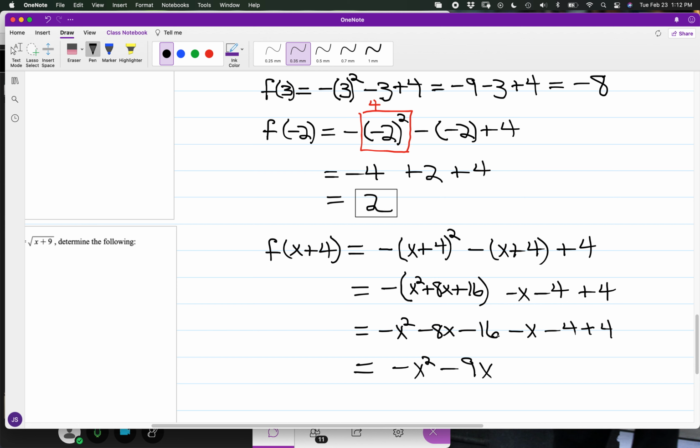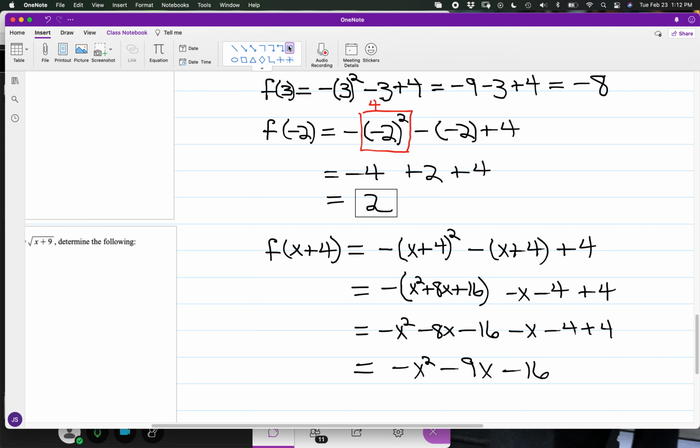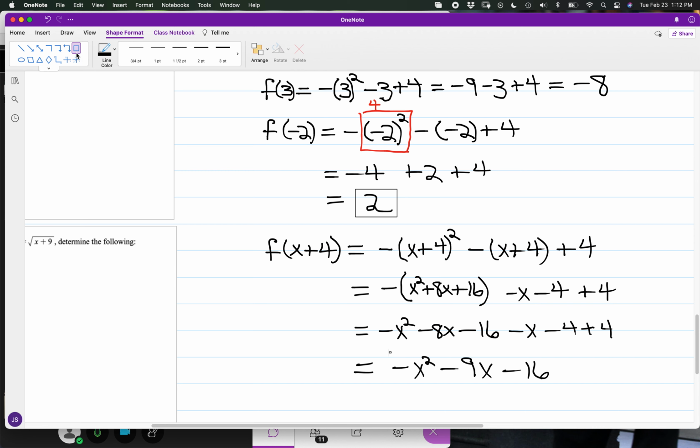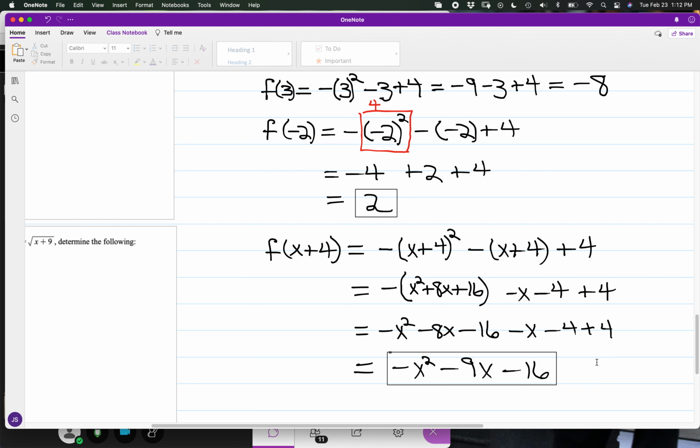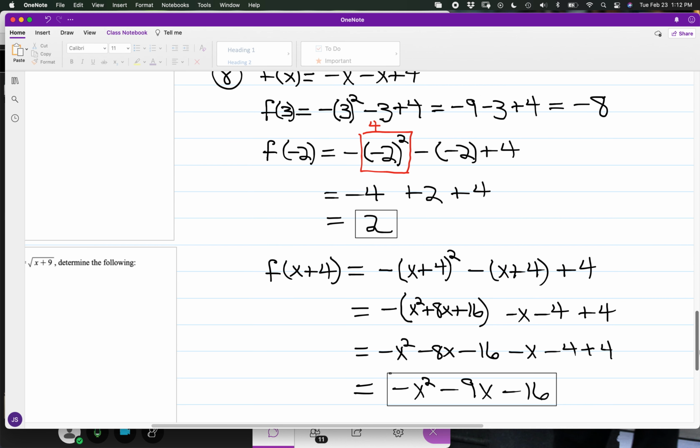For the constants, this will end up at minus 16. So for this output we have -x squared minus 9x minus 16.